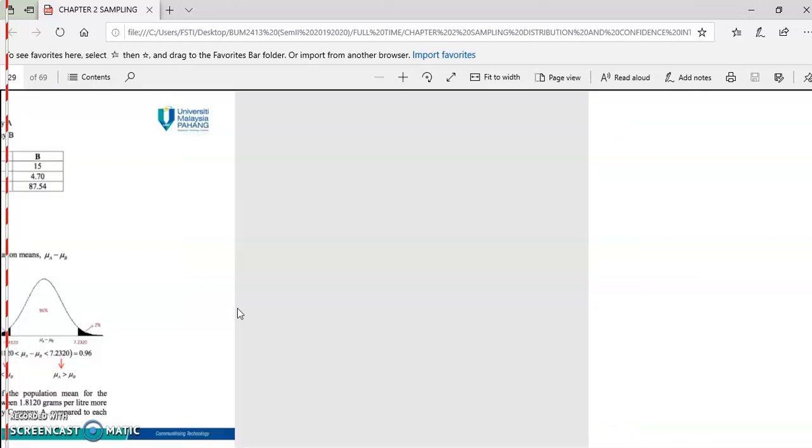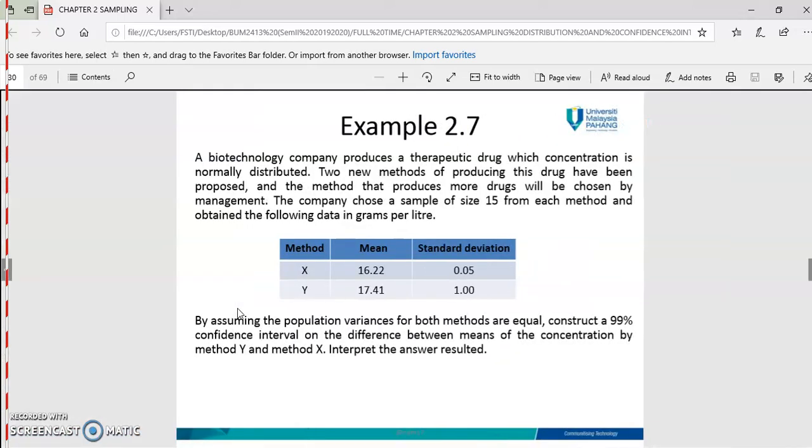So the second example here. A biotechnology company produces therapeutic drugs whose concentration is normally distributed. Two new methods of producing this drug have been proposed, and the method that produces more drug will be chosen by management.